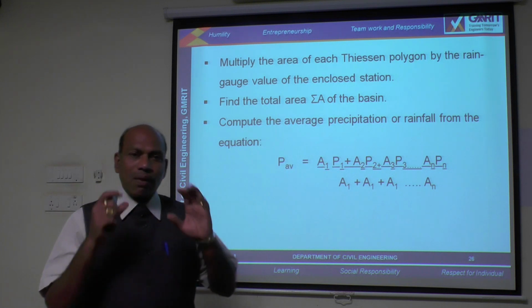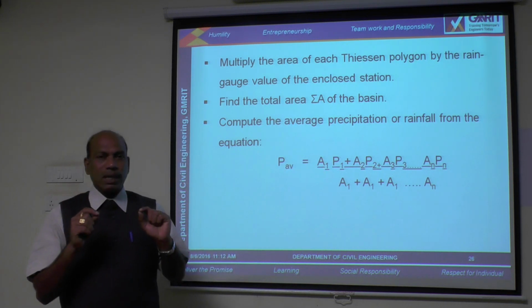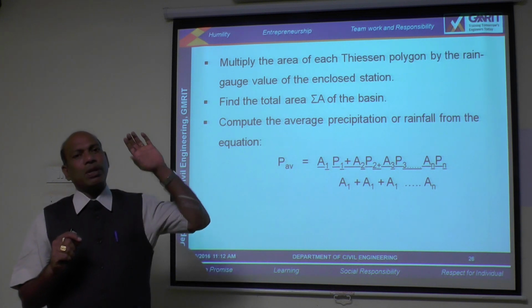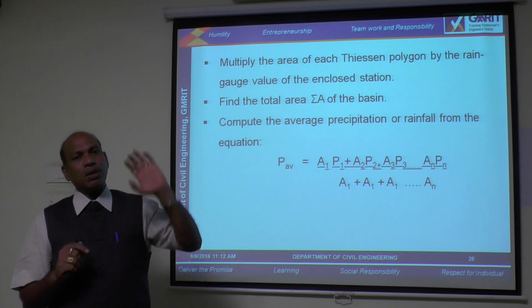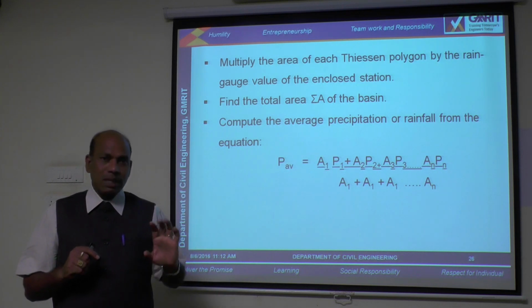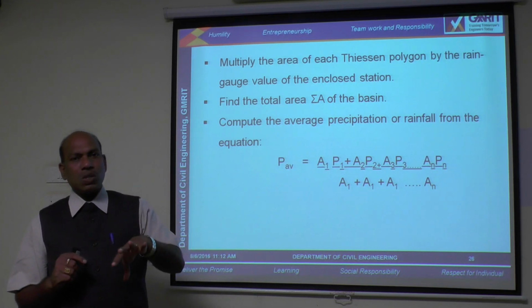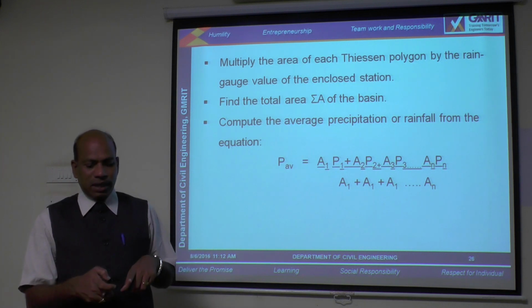In the earlier case, we considered only P1, the rainfall depth on a particular area. In the Thiessen polygon method, along with the rainfall depth, we also consider the area under the rain gauge station.